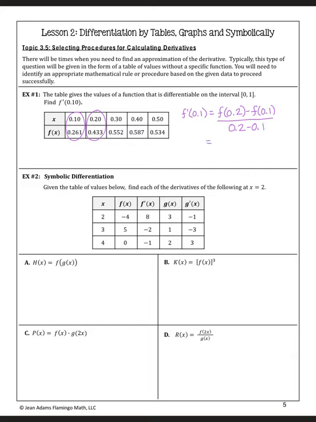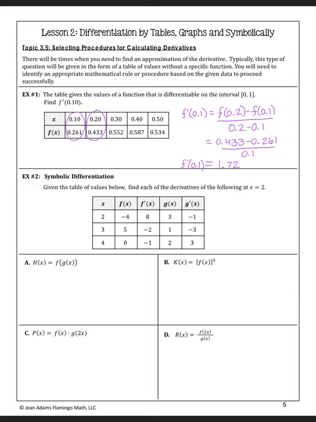So we would have 0.433 minus 0.261 all over 0.1. If you were to plug that into your calculator and don't round in the middle, you would get 1.72. And that is the approximation of your derivative at 0.1.